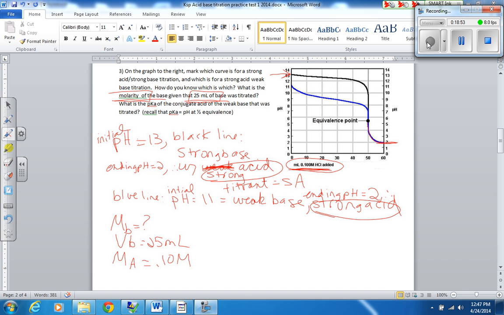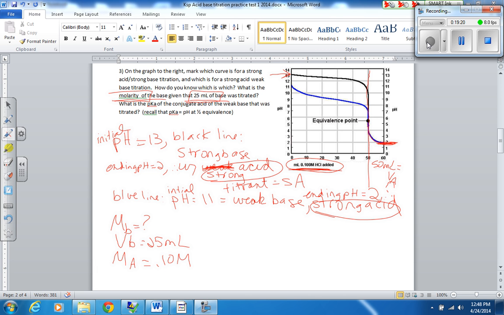Okay, and then the equivalence volume right here, 50 milliliters, there are 3 clues that tell you that that's the acid volume. 1, you're told HCl added, so we know it's an acid that's being added. 2, we end acidic, so we know also that that's the volume of the acid.